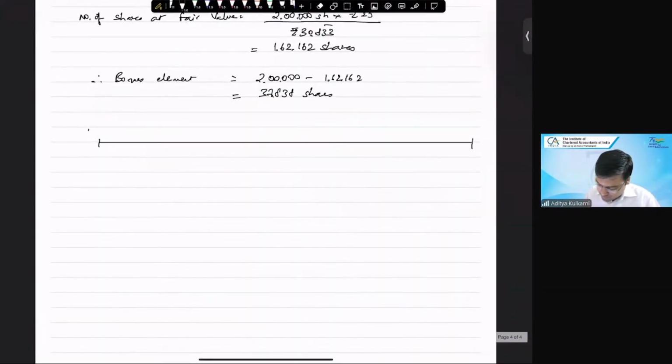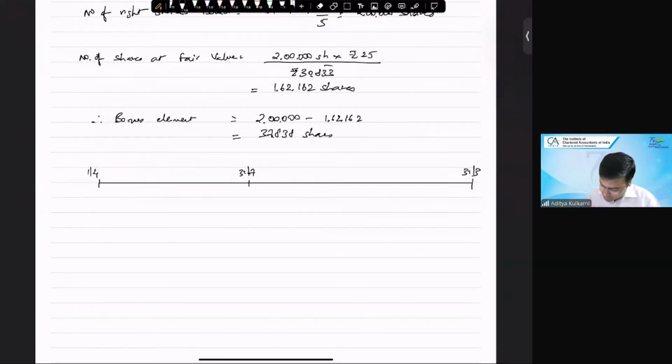So 1st April, 31st July, 31st March. So at the beginning I had how many shares? 10 lakh shares. Yes. Then call it 31st July or 1st August. Last date to exercise is 31st July. So maybe we can take this as 1st August.